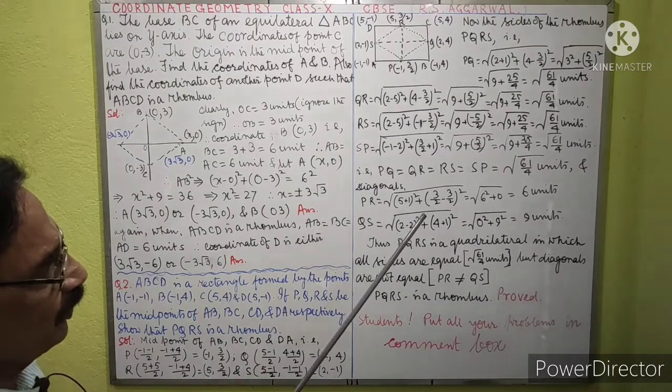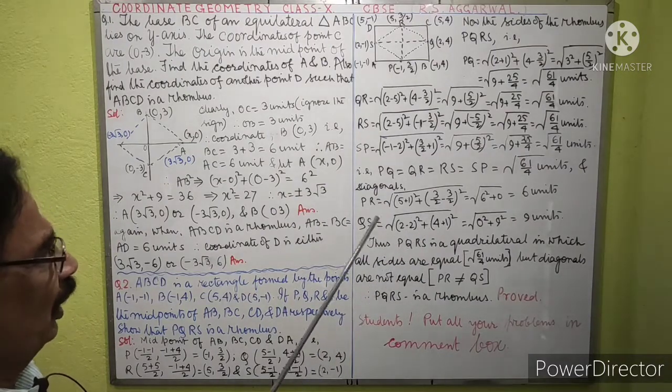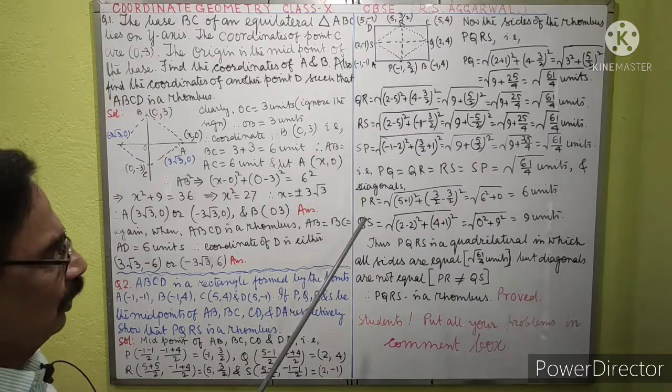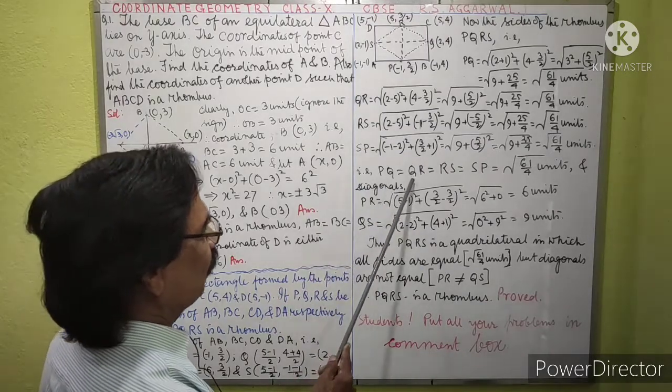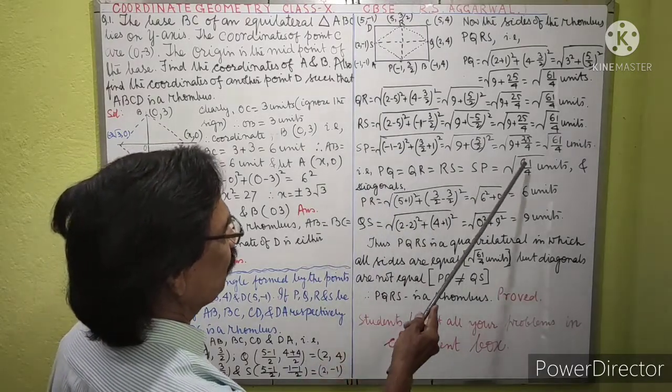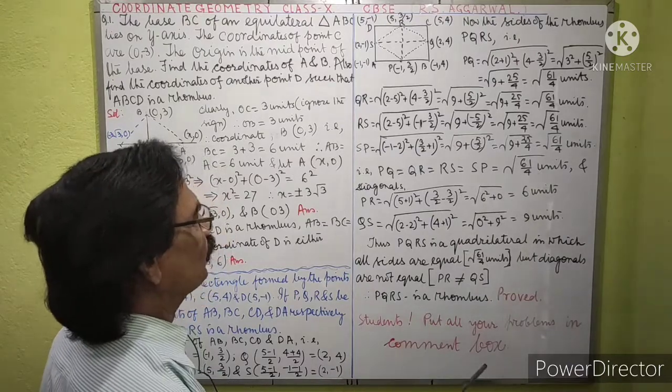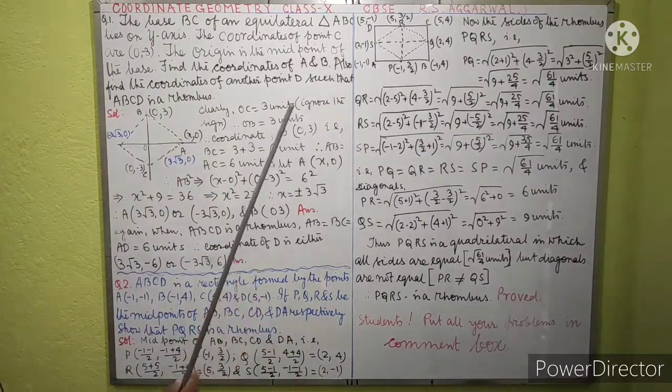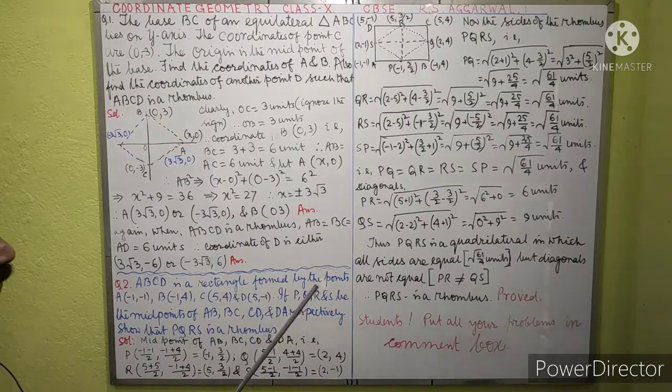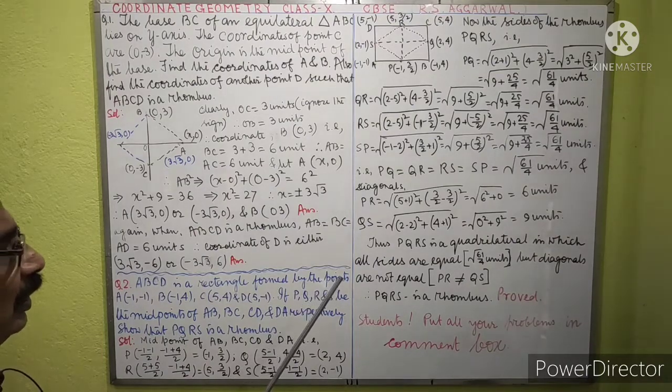SP is also root over 61 by 4 units, and PQ equals QR equals RS equals SP equals root over 61 by 4 units. So it is clear that PQRS is a rhombus, because the sides are equal.